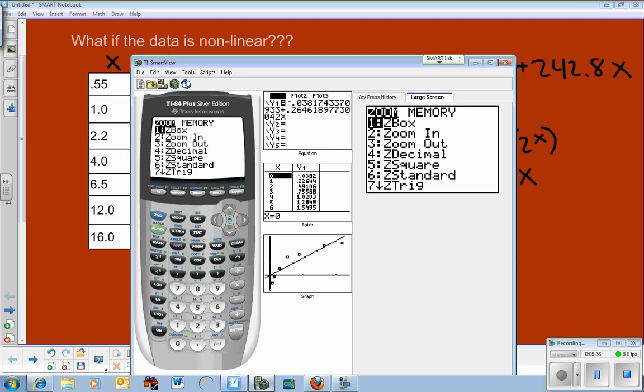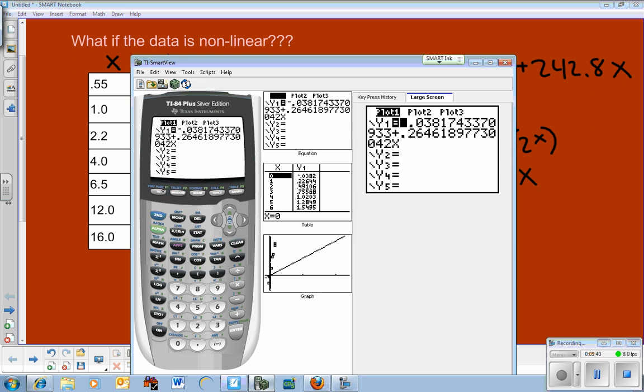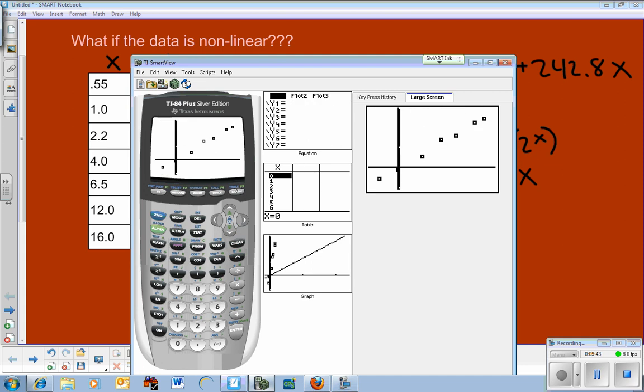Zoom 9 always, and get rid of my other line again. When I do zoom 9, I get a pretty straightened out set of data. There's a lot of math going on behind the scenes here, and we're going to do a little bit of it. But for right now, either you're going to log y or you're going to log both, depending on which one. If you log y, it's called exponential. Both is called power. So this seems like it's going to be the best option. So let's do our linreg on 5 and 6.